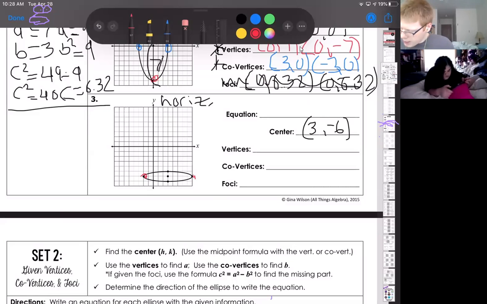So I already went ahead and did this, but if you look at those points, the one on the right is 8, -6. The other point on the left would be -2, -6. Your co-vertices are these blue points. I went ahead and found the coordinates, but it's 3, -7, and it's 3, -5.